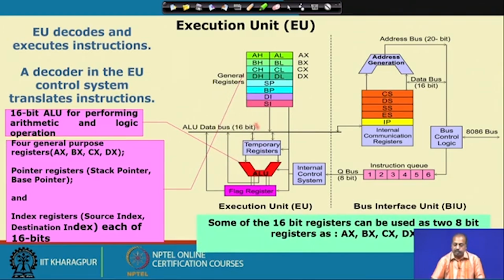As I said, some of these 16 bit registers can be accessed as two 8 bit halves, as we have seen. SI and DI, source index and destination index, are also useful for transferring the content of one portion of memory to another, that is multi-byte data movement. For that purpose also SI and DI are utilized.